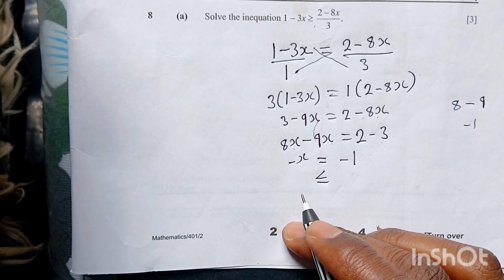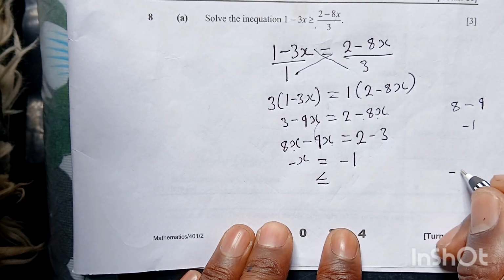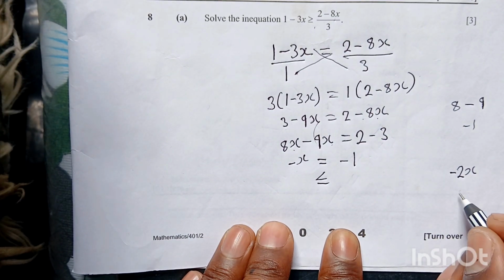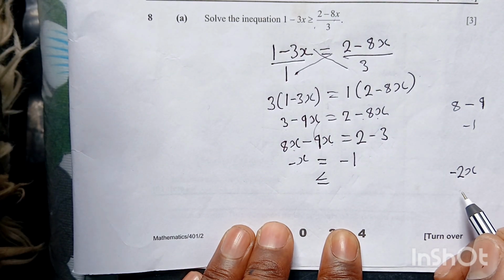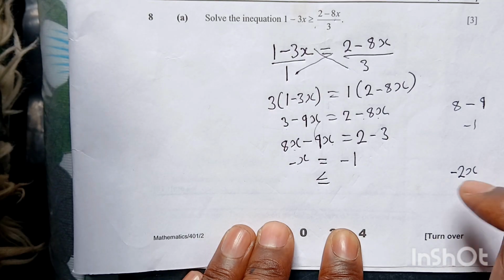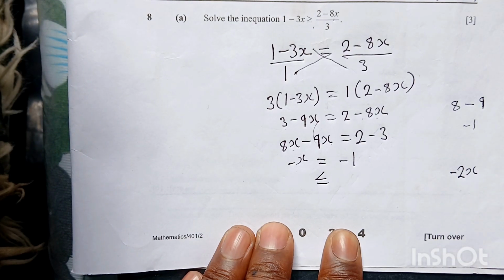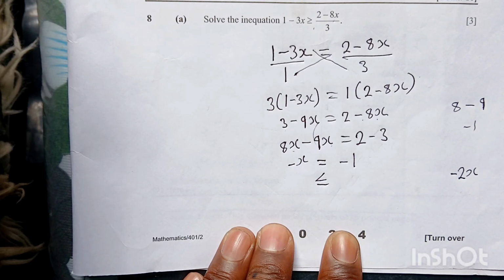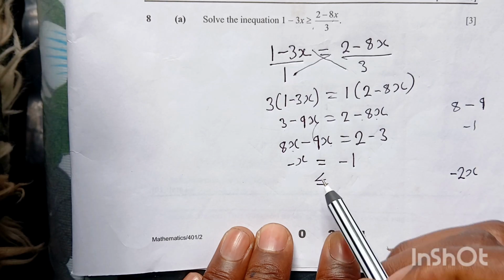So every time the number in front of x, for example negative 2x, has a negative sign, that means the sign is going to change. If it is greater than, it will become less than. If it is less than, it becomes greater than.